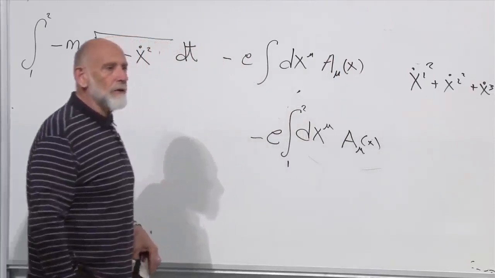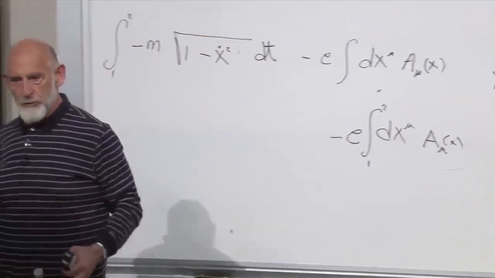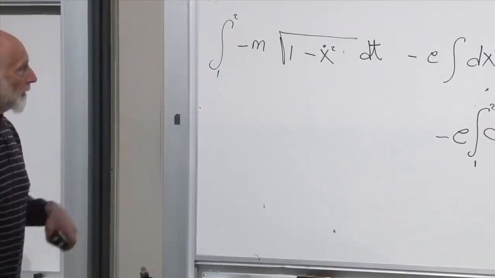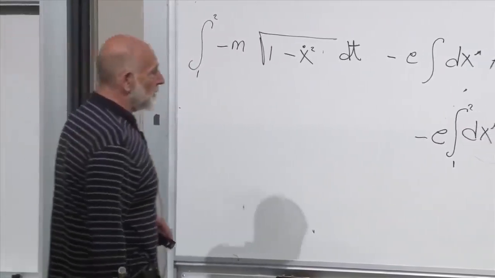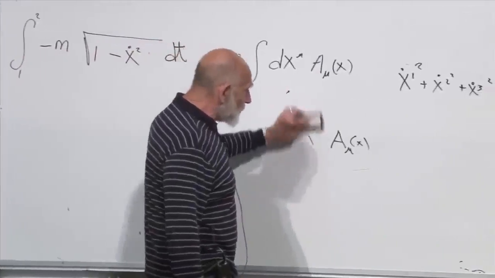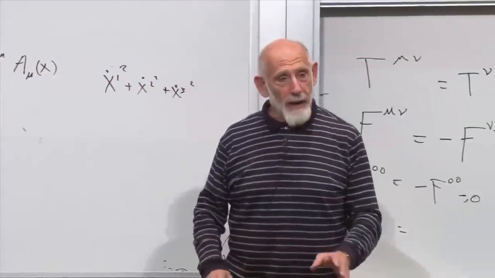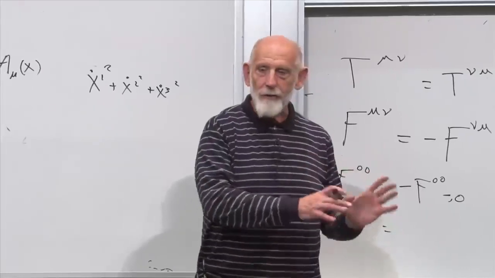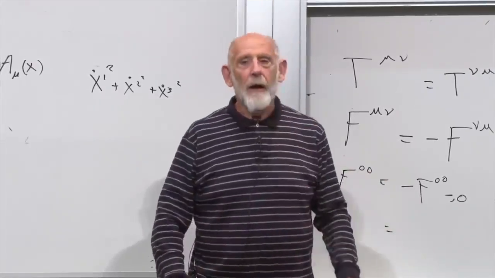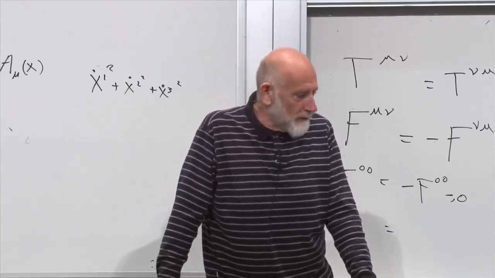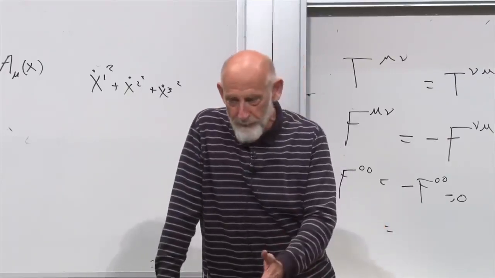Now what do we want to do? We want to write down Lagrange's equations for the motion of the particle. And really my goal is to write Lagrange's equations and show that they're just the Lorentz force law. But I would like to do it in a way which is relativistically invariant. MA, mass times acceleration, is a very non-relativistic formula.